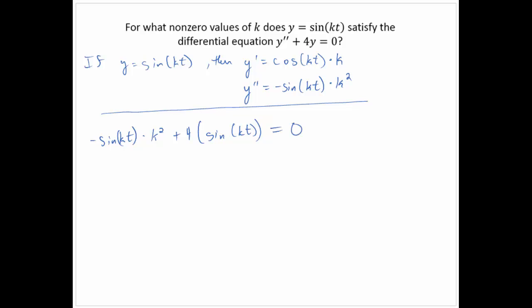Now let's do some factoring here. I can factor out a sine kt, and I would have left over negative k squared plus 4 is equal to 0. Now sine kt can equal 0, but that would imply that k is 0.